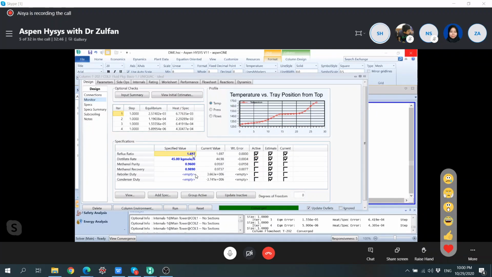Now you can play around. If you put it at 1.4, see what happens. See, if you reduce the reflux ratio, you get a lower purity. Why is that? Because less overhead is being recycled into the tower. Exactly. It's more like you are washing your dirty clothes.